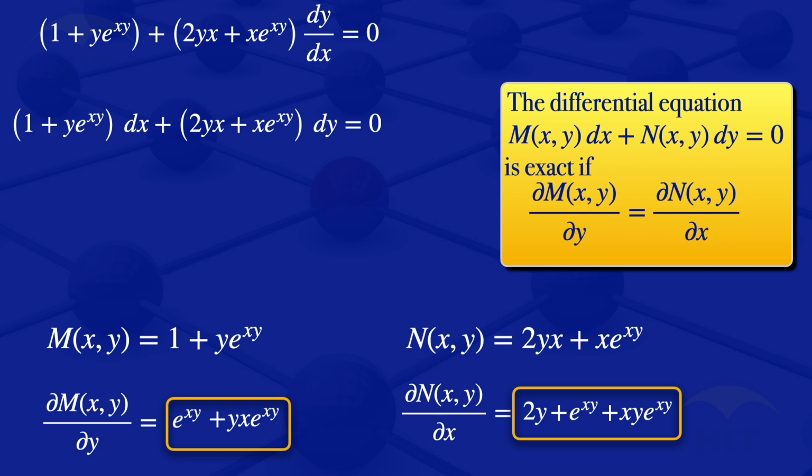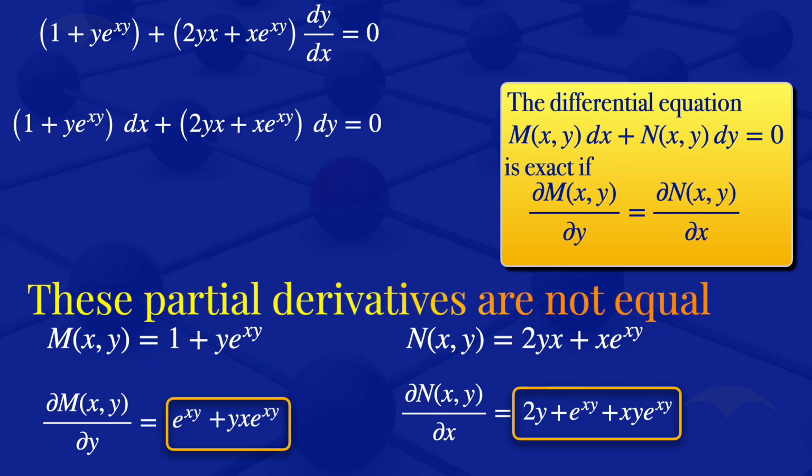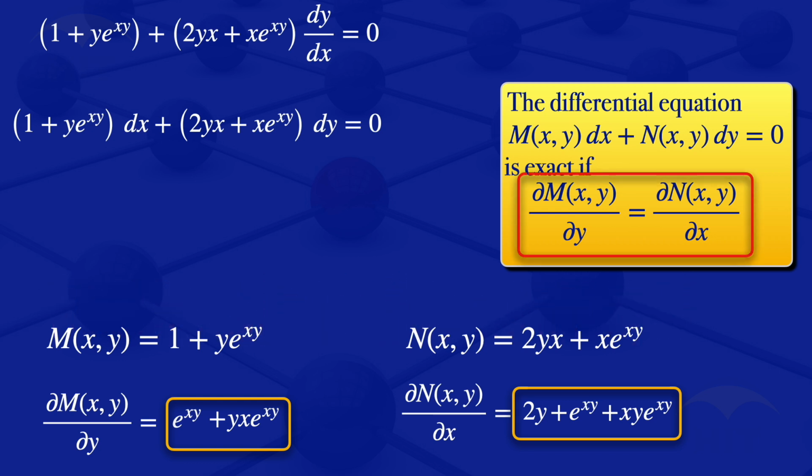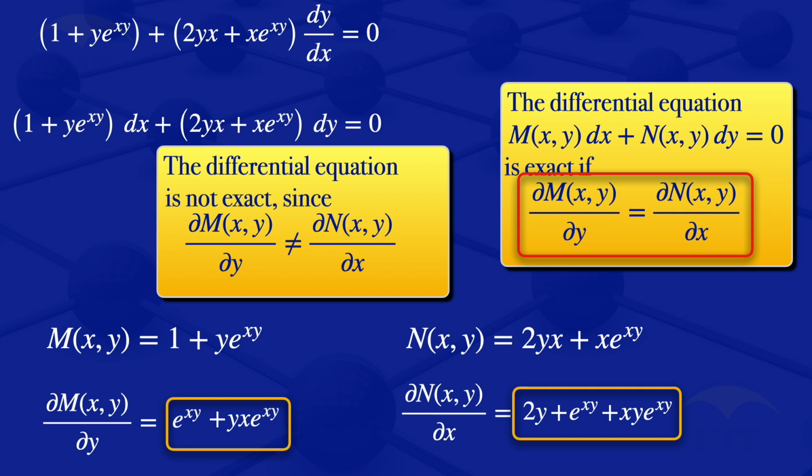What we are seeing is that those two highlighted parts are not equal. So the condition for a differential equation to be exact is not satisfied. So that differential equation is not exact, since the partial derivative of M with respect to y is not equal to the partial derivative of N with respect to x.